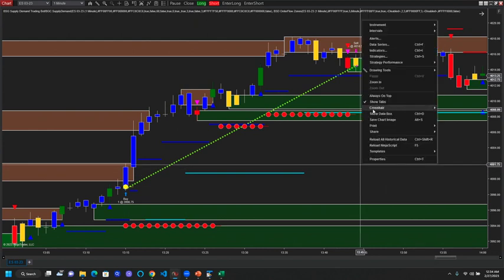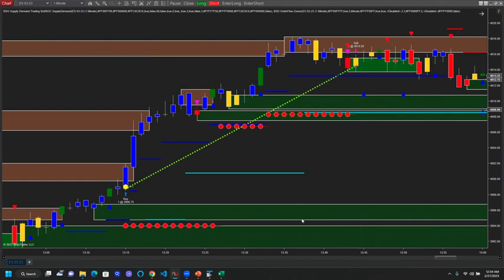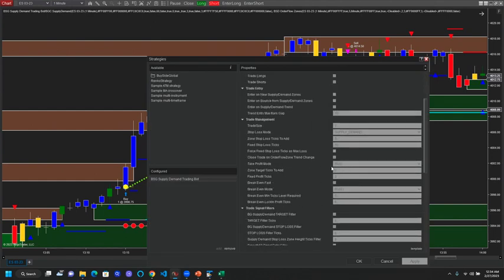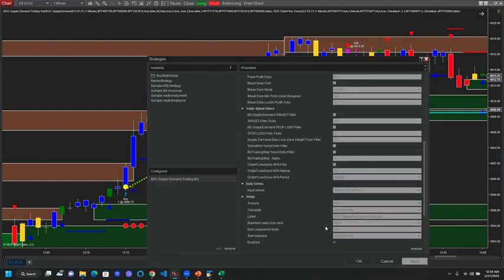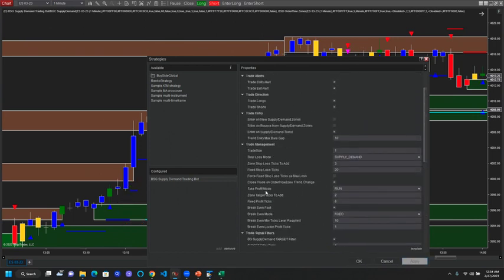Now, I really don't need to set the target. That's why, if you can see, let me disable it, my take profit mode is not supply and demand. It's on the run because of this one particular feature: close the trade on order flow trend change.